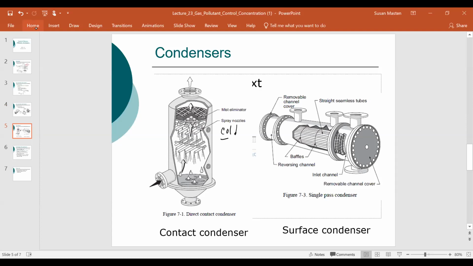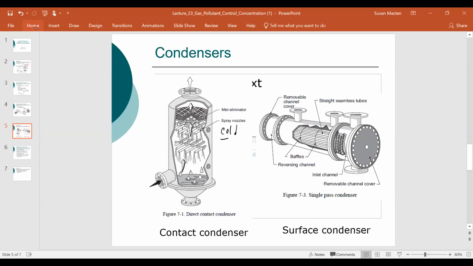So in this case, the coolant and the gas that you're treating never come into direct contact. And then that chilled vapor condenses, and then it's collected.